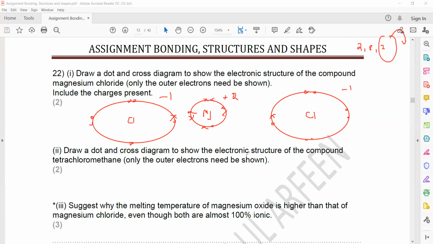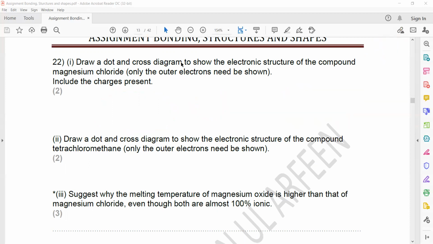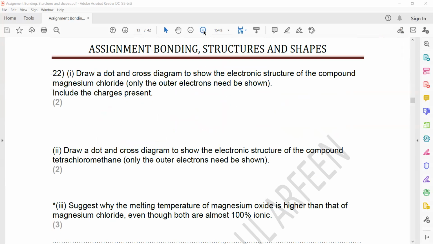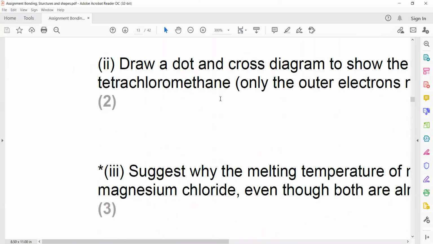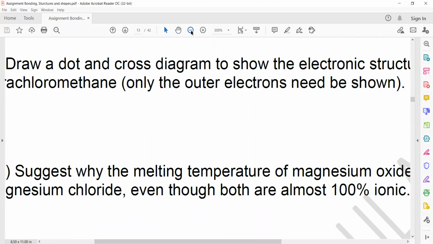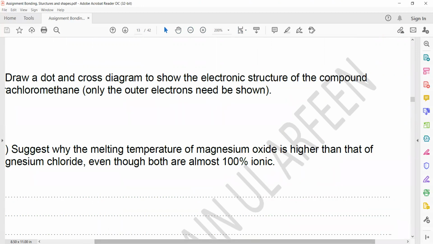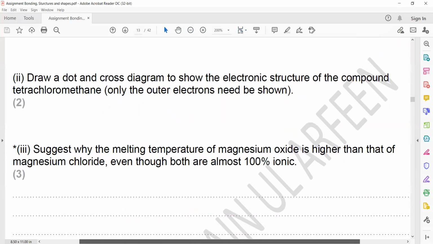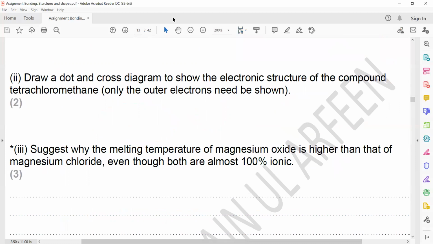Then draw a dot and cross diagram to show the electronic structure of the compound tetrachloromethane. Tetrachloromethane is a covalent compound. So how can we draw the structure of tetrachloromethane? There are 4 chlorines, and meth means 1 carbon, so this will be 1 carbon and 4 chlorines.